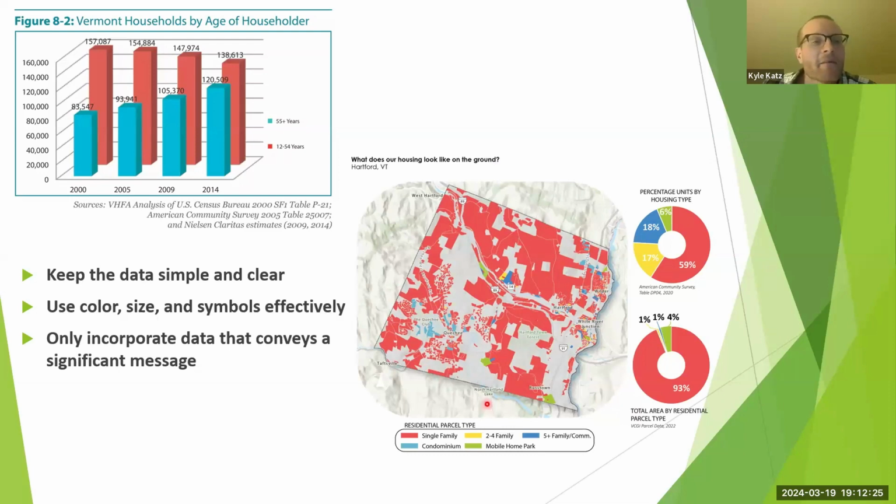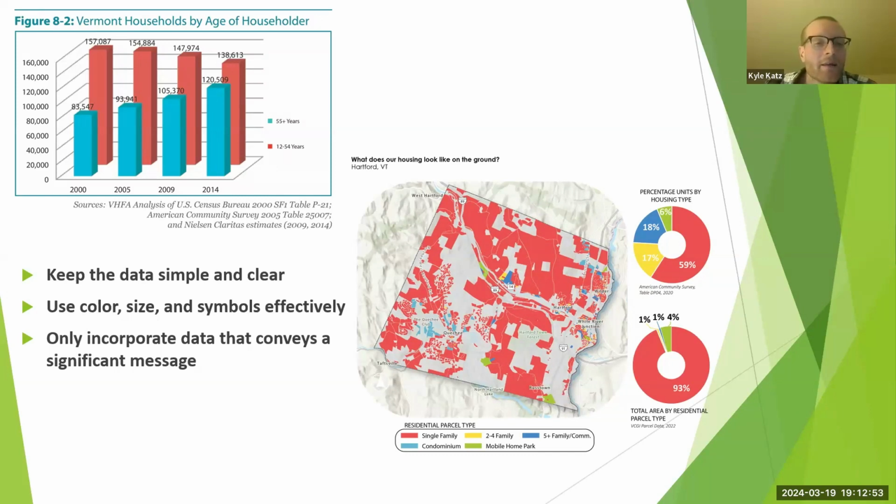Where do we have a lot of multifamily, which tends to be in this White River area? You can see that all of this red, those are parcels categorized as single family residential. So the predominant form of residential land use is categorized as single family.